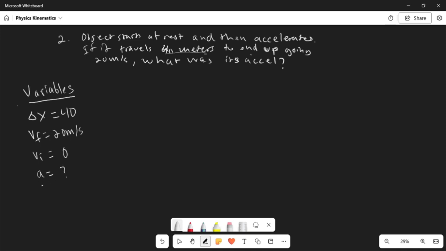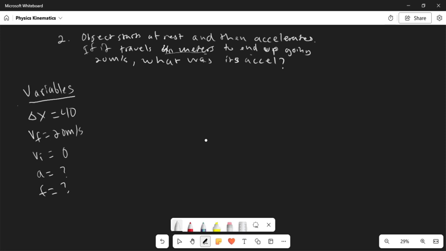We also don't know the time, so we cannot use one of the kinematic equations that has time in it to solve for acceleration. We have to use one that doesn't require time. So you guys can take a little try and pause the video if you want to proceed.